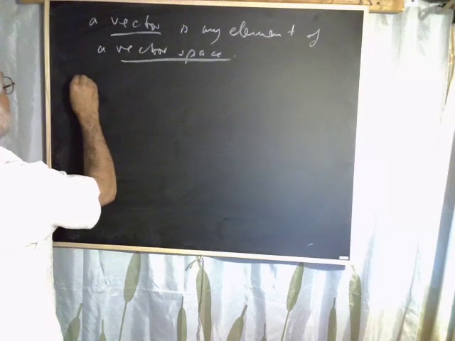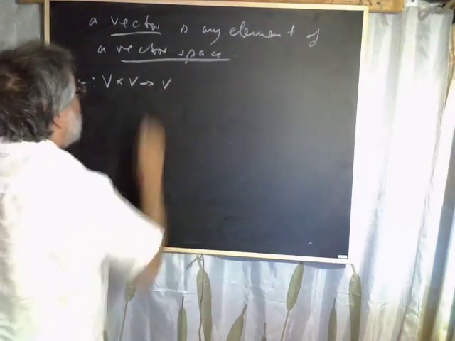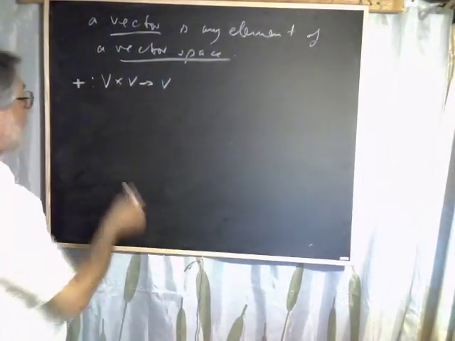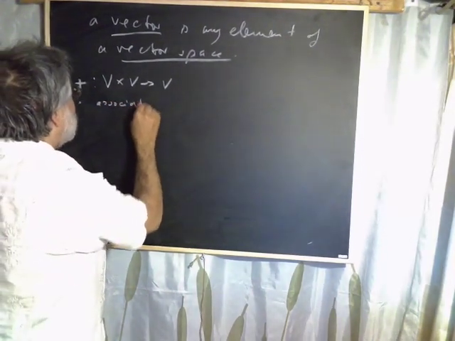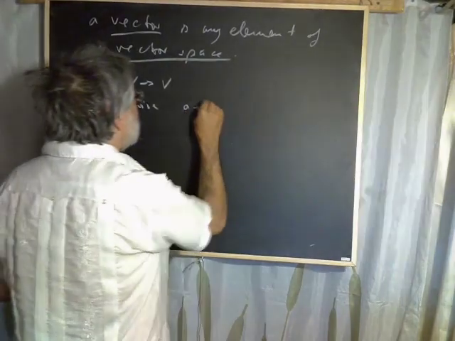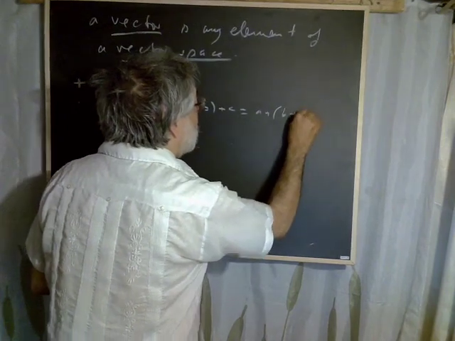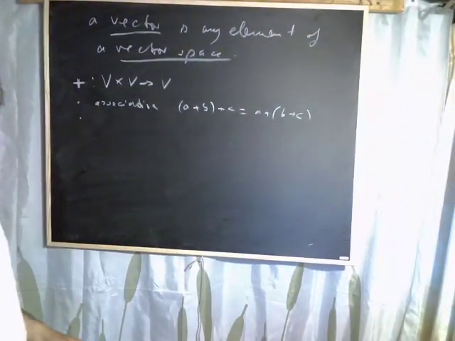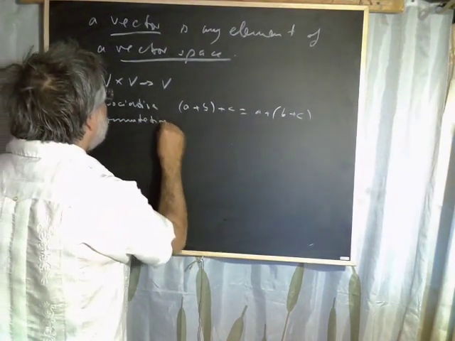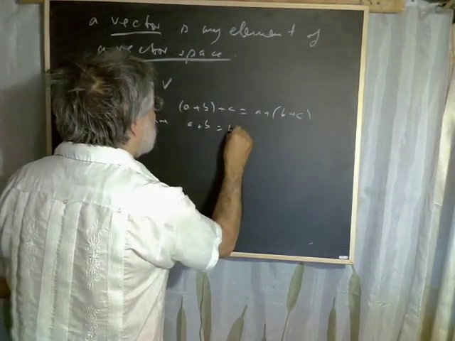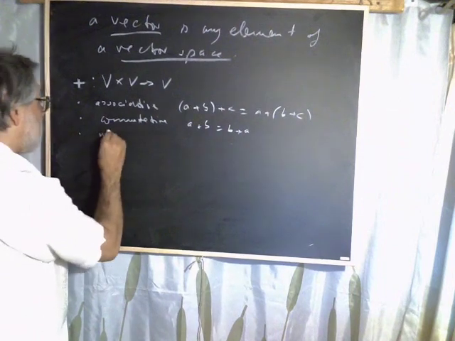You have a function plus taking 2 vectors to another vector, and it has to satisfy the laws of associativity, A plus B plus C equals A plus B plus C. Something else that you need is commutativity: A plus B equals B plus A. What you also need is a 0 element or a neutral element.